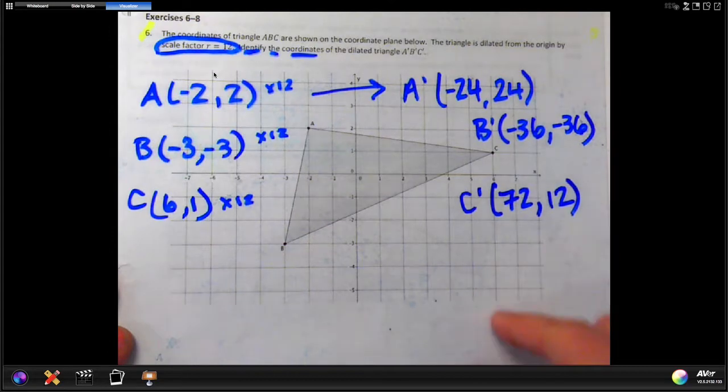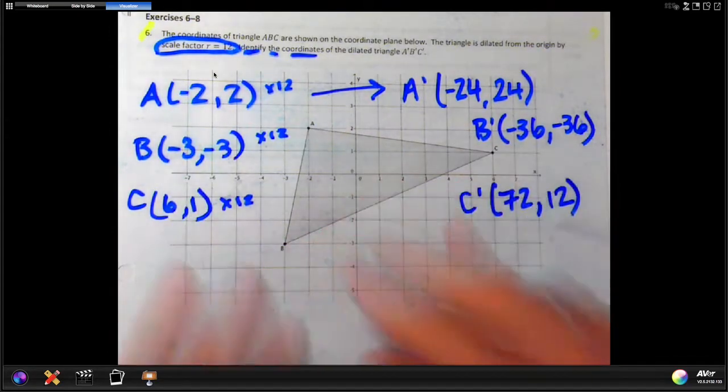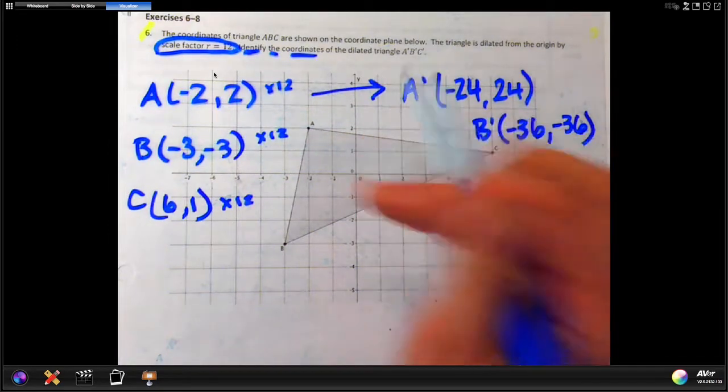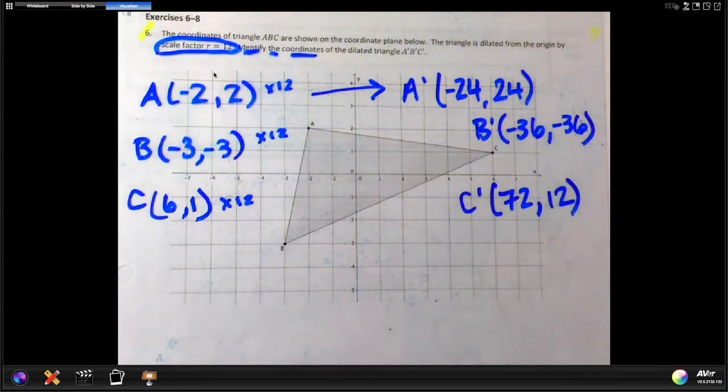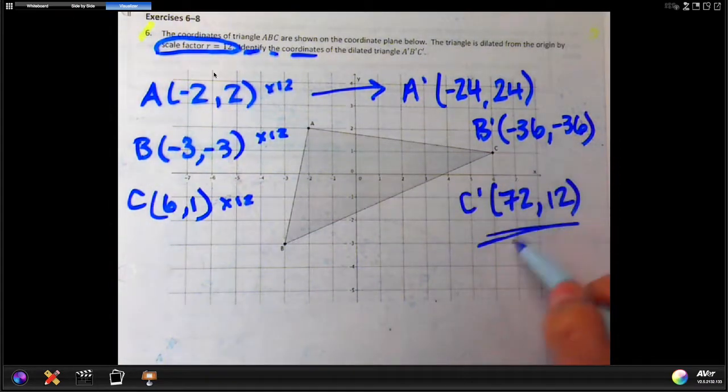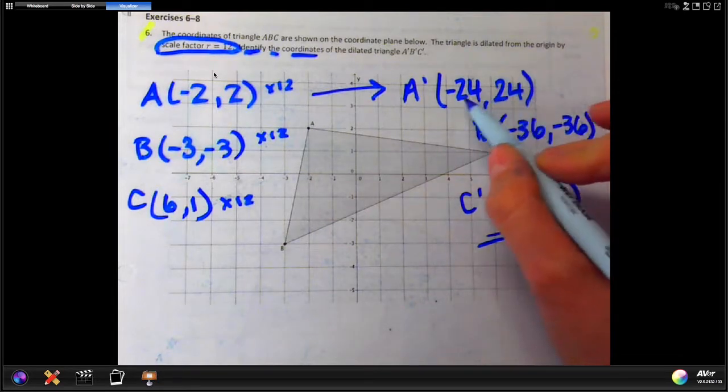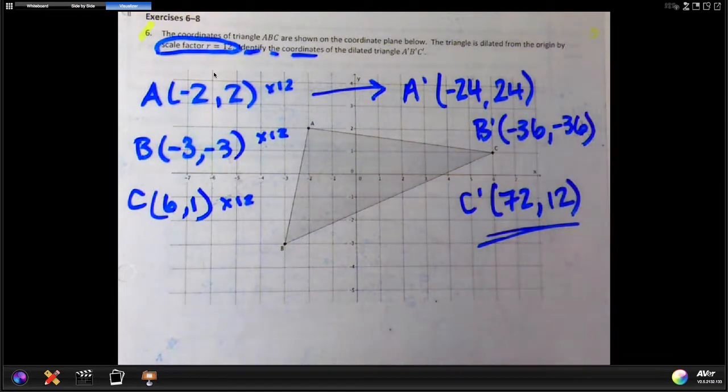And this is how we leave our answer, because even though there is a graph available, it doesn't tell us that we have to plot our points back on there. And even if it did, we know there would be a problem because our graph is not big enough to put 72, 12, or even our lowest number, negative 24, positive 24, on it. And so that's what we are looking for.